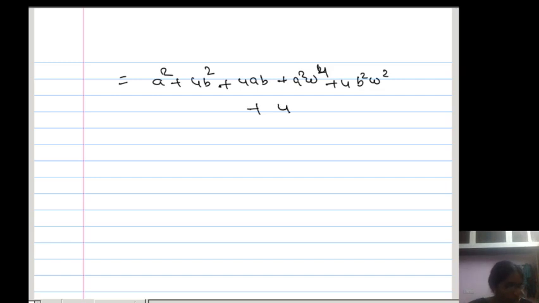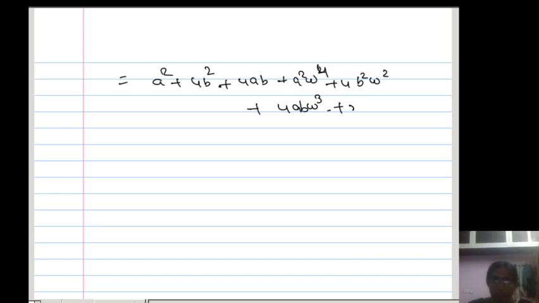So what is that here? a square plus 4b square, a square plus b square plus 2ab, na? Yeah, next a square omega square means omega power 4, a square plus b square plus 2ab, 2 into 2, 4ab omega cube.